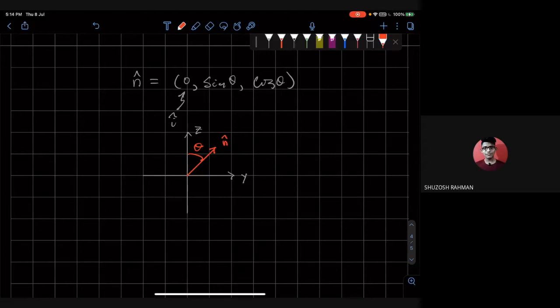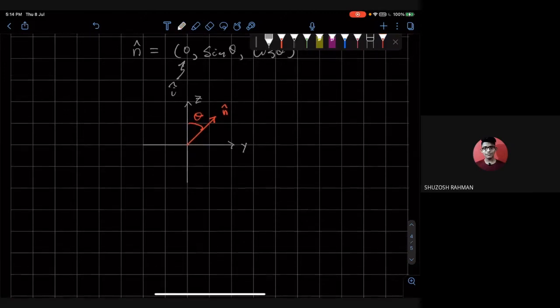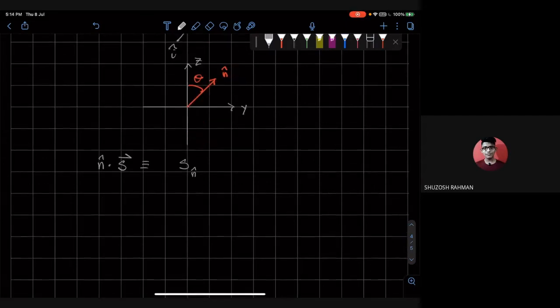And then what we said is that, okay, taking such a unit vector and dotting it with our spin operator, then we basically get the spin operator in the n-th direction. Now, what are the eigenstates of this operator? So let's call the eigenstates of this operator.